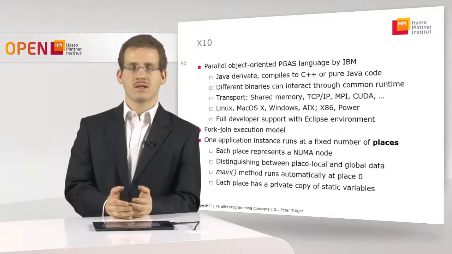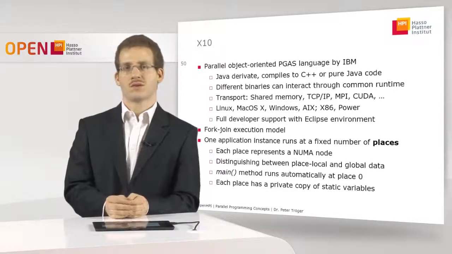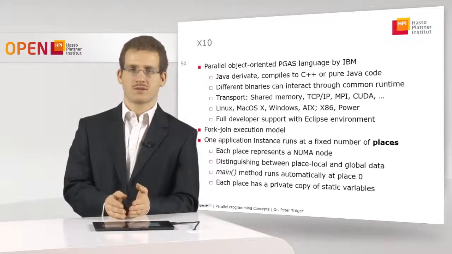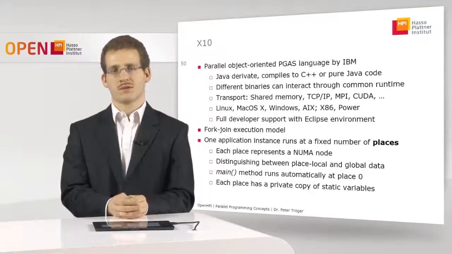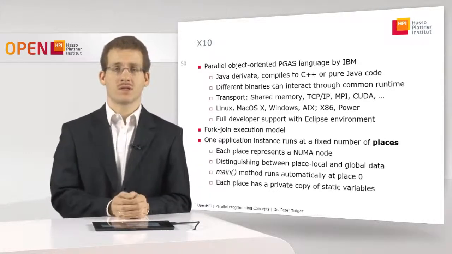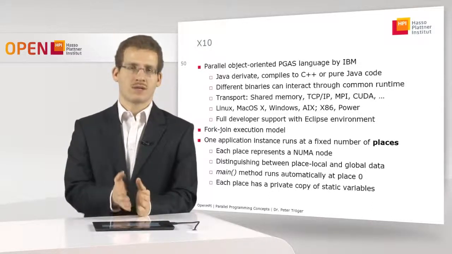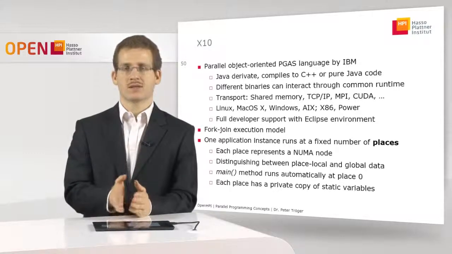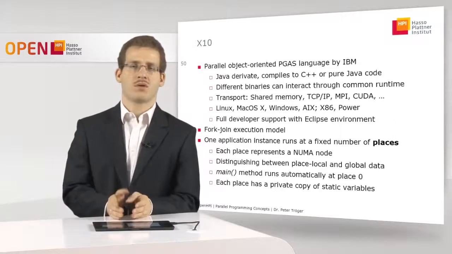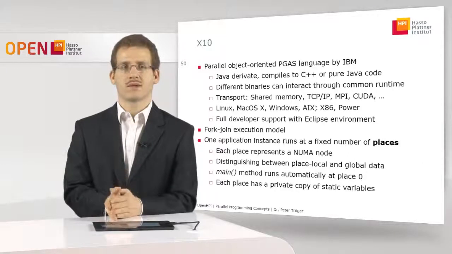The X10 language compiles into C++ or Java code, which allows you then to use stable and product versioned compilers for Java or C++ code. So at the end you have a very stable compilation framework as long as the translation from X10 code to Java or C++ works. You have then binaries that can interact based on the X10 runtime library, even in a shared nothing environment, and you have support for different processor architectures and also operating systems as a runtime environment.